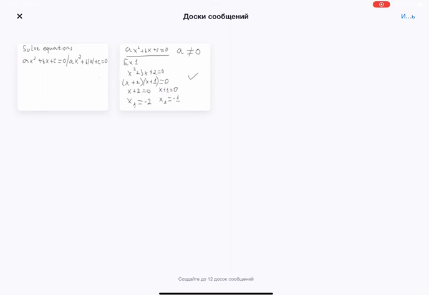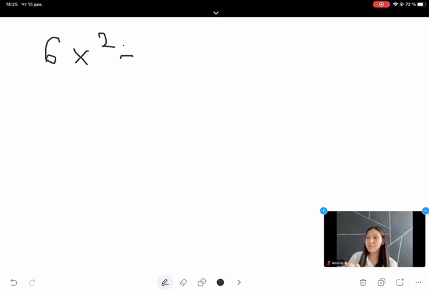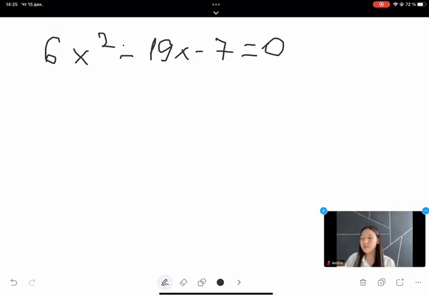And the second example: 6x squared minus 19x minus 7 equals 0.